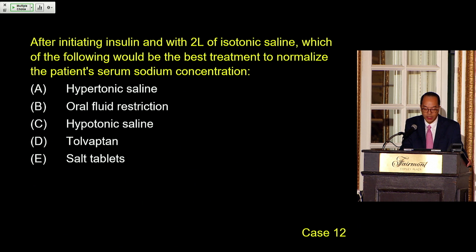After initiating insulin and 2 liters of isotonic saline, which of the following would be the best treatments to normalize the patient's serum sodium concentration? Is it hypertonic saline, oral fluid restriction, hypotonic saline, tolvaptan, or salt tablets?